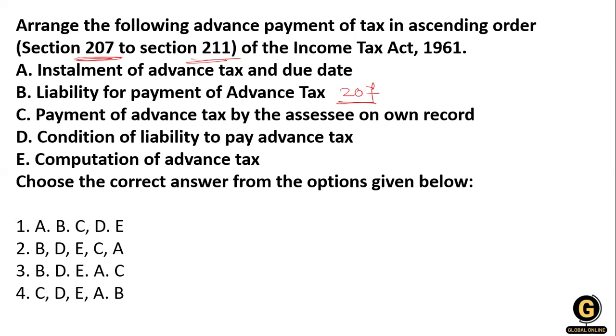After that, 208 is for the condition, the condition to be liable to pay the advance tax. And after that, 209 is for the computation of the advance tax.